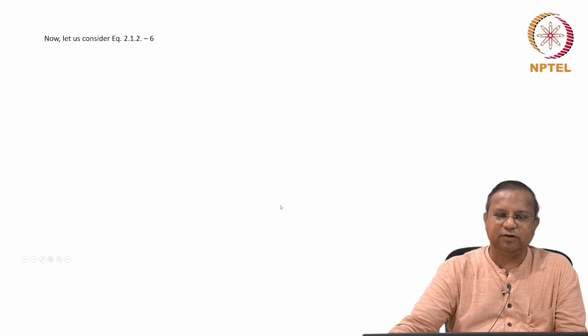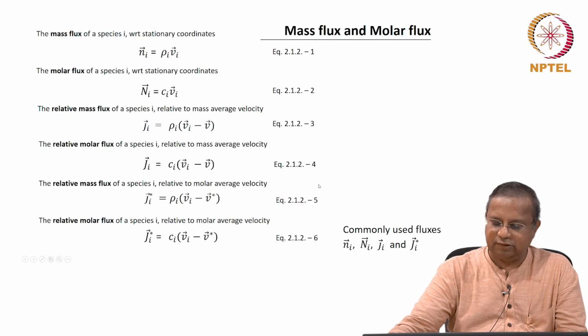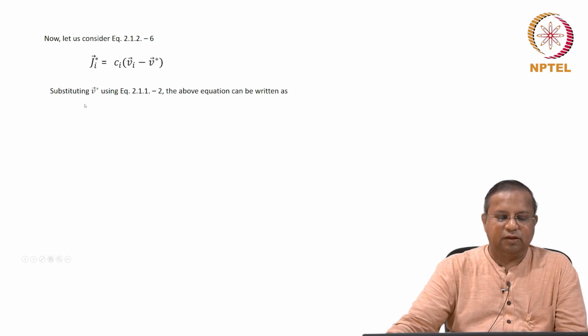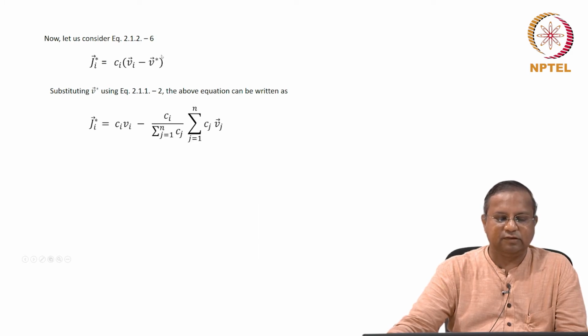Now, let us consider equation 2.1.2-6, which happens to be the relative molar flux expression C_i times V_i minus V star. If we substitute for V star using the definition, V star is nothing but the sum of C_j V_j divided by the sum of C_j.